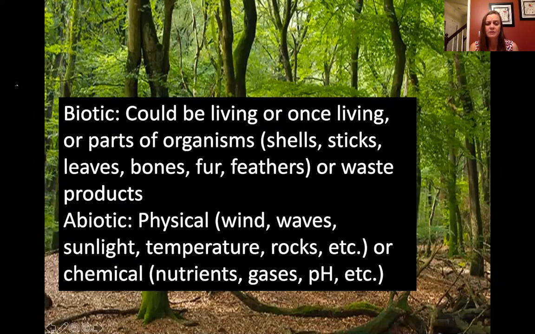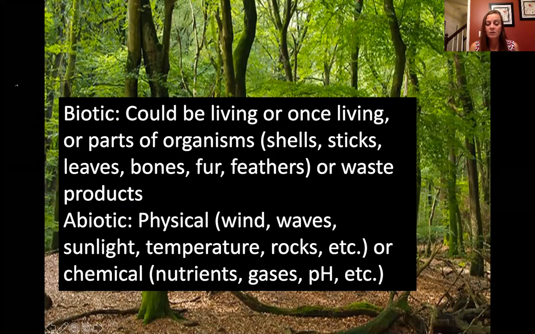Okay, let's come back to those definitions of biotic and abiotic. So when we talk about biotic components, we are talking about things that are living or were once living, or we're talking about parts of organisms. So if we were to look at this forest that's in the background of our slide here, we would consider the trees to be biotic.